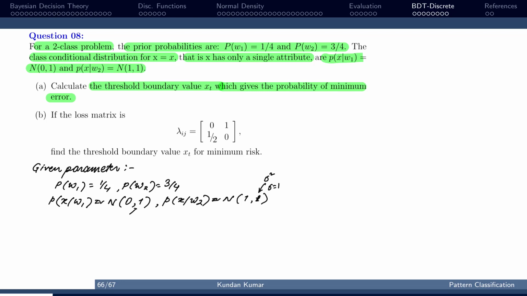In the same way, sigma equal to 1. Okay, so if we attempt the first question, this is the case where the variance of both the classes is the same.